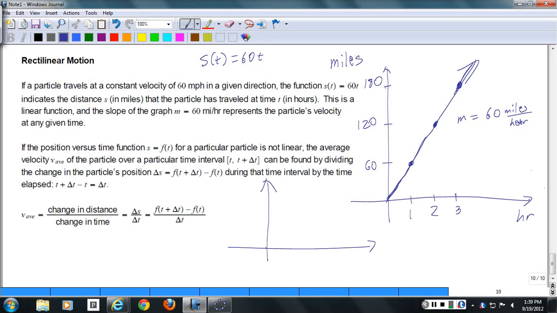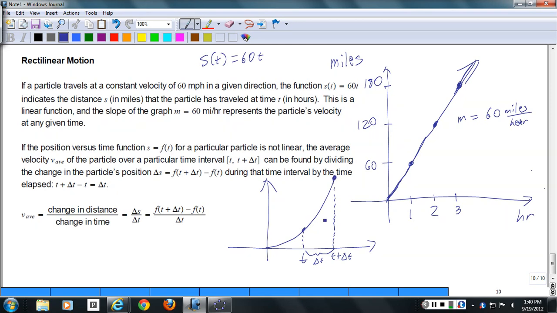If we have something like this, if we pick a particular value of t and then go forward in time a little bit, could go back in time if delta t is negative, but imagine going forward in time, delta t to a point, t plus delta t, and considering another point on the graph right there.